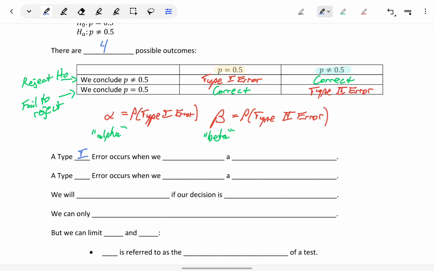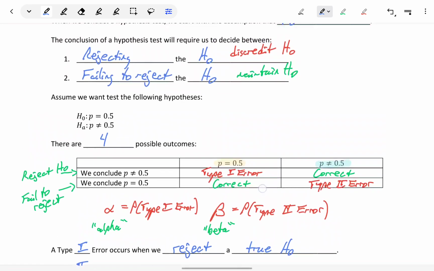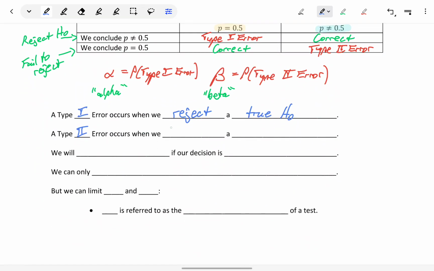A type 1 error, again, occurs if we reject a true null hypothesis. A type 2 error occurs when we fail to reject a false null hypothesis.